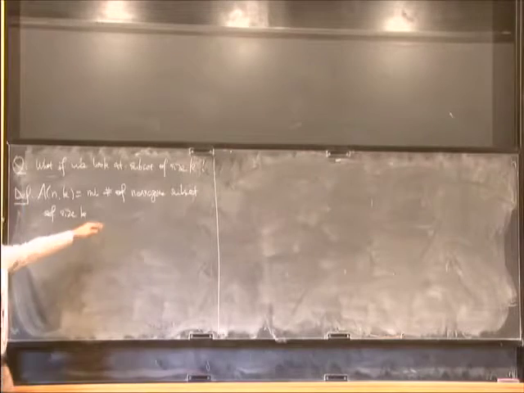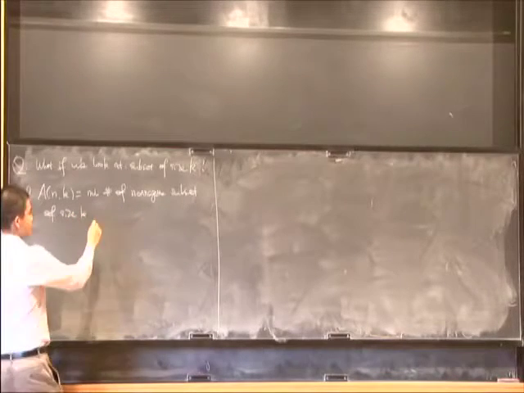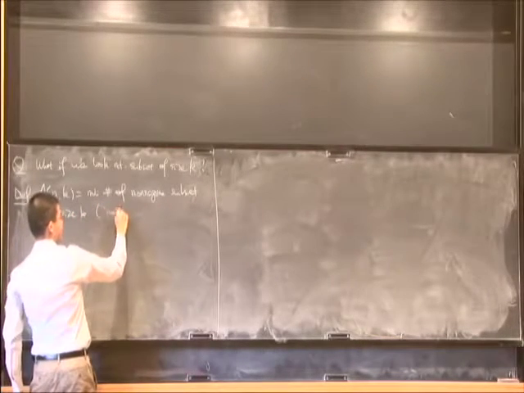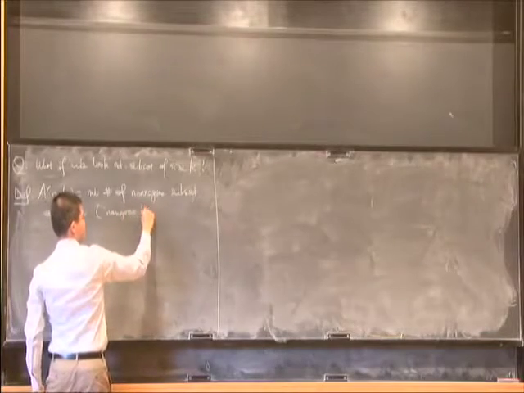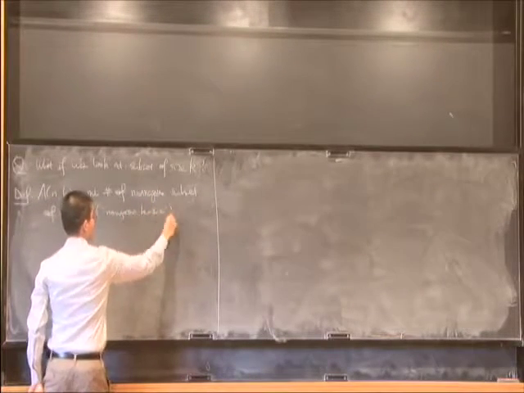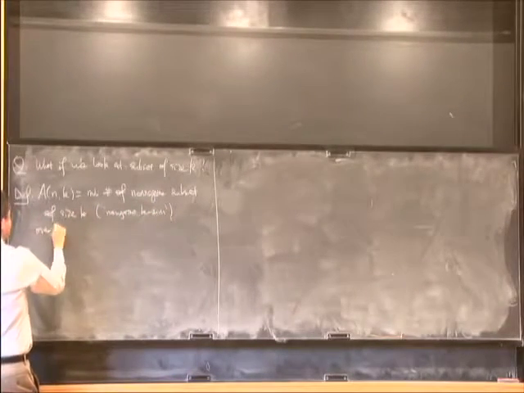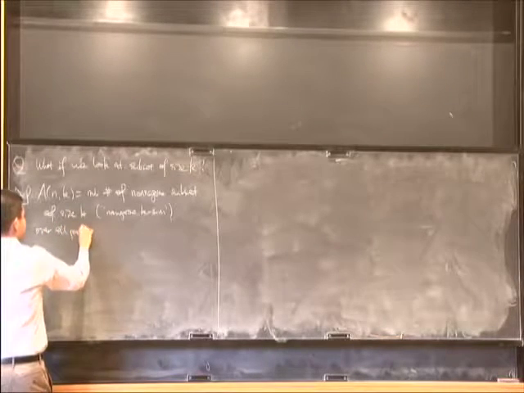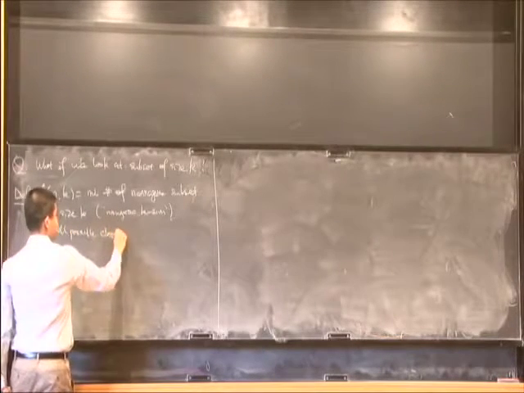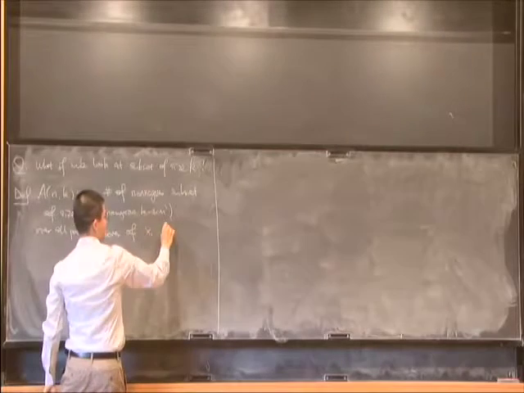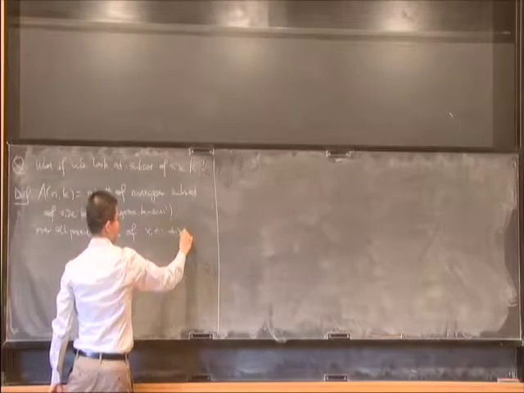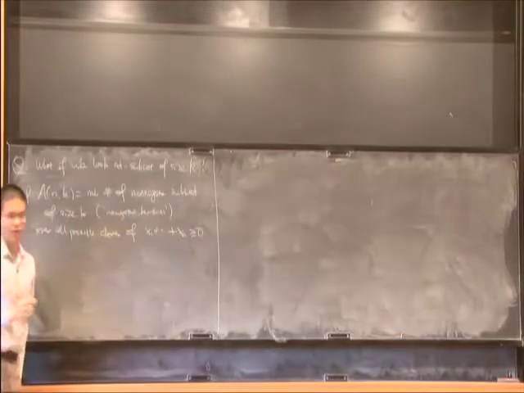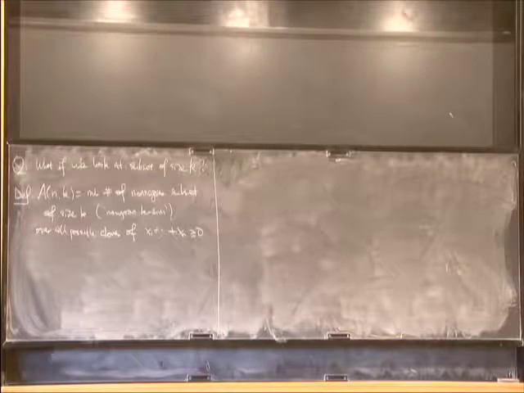In the future, I will call such a non-negative subset of size k a non-negative k-sum, over all possible choices of s1 up to sn whose sum is greater than or equal to 0. Is everybody clear with this definition?